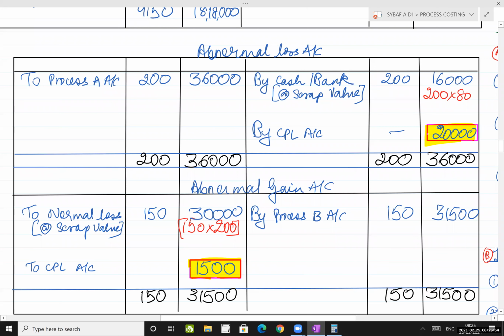Yesterday I had cleared you the treatment of abnormal loss and abnormal gain. 3 steps, meaning there are 3 journal entries.